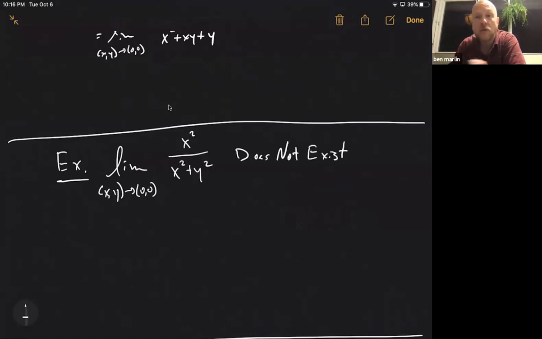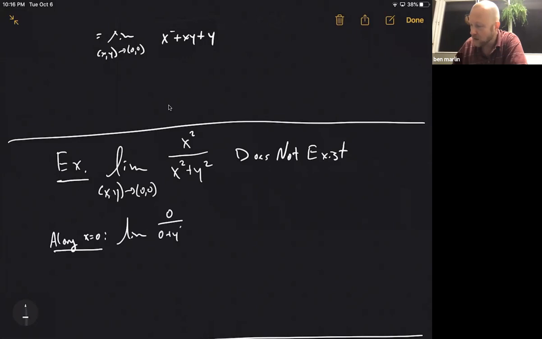And no, you don't get to just say that because you looked at a graph, okay? You have to back it up. So you'll say along x equals 0, this becomes the limit. Now remember, x is going to 0, so the top is just 0. And on the bottom, you've got 0 plus y squared. But y wasn't set to 0, it's just going to 0.